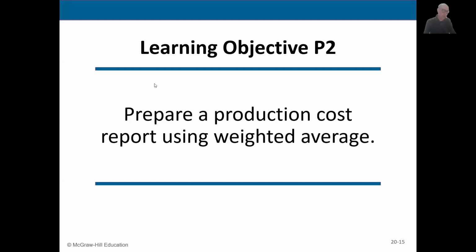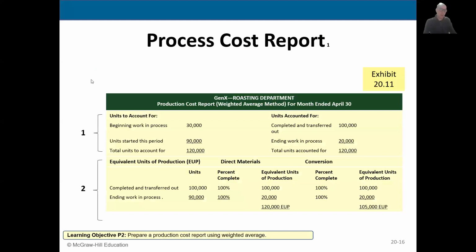I'm going to show you what this looks like. A production cost report is a summary of the production costs. And the way that we complete this process cost report is in 4 steps.